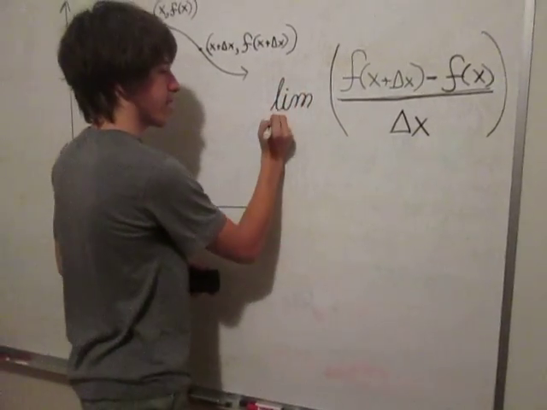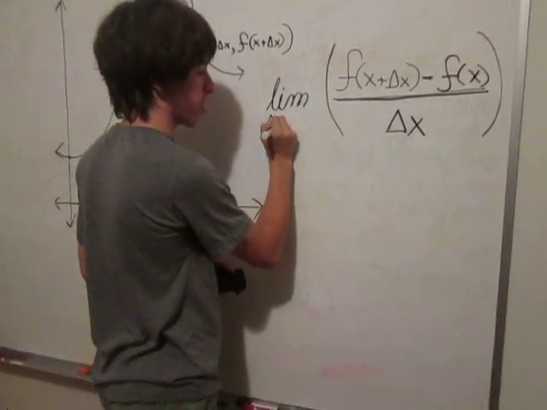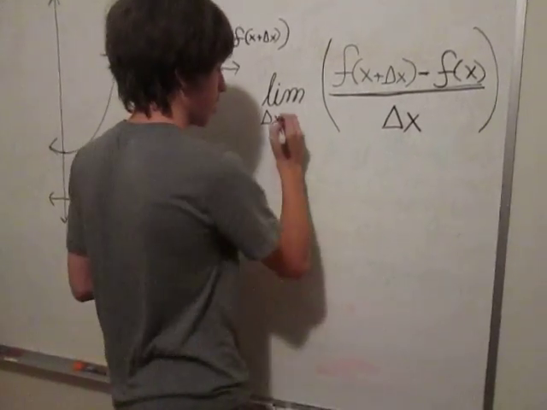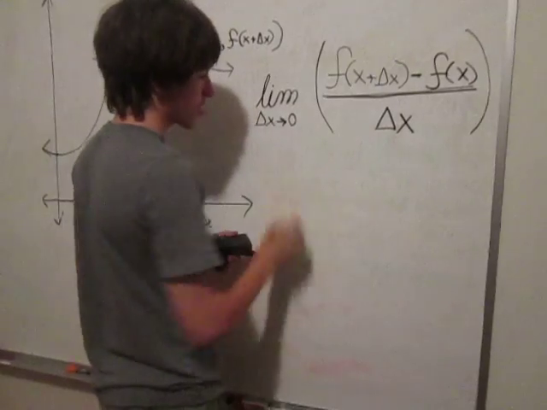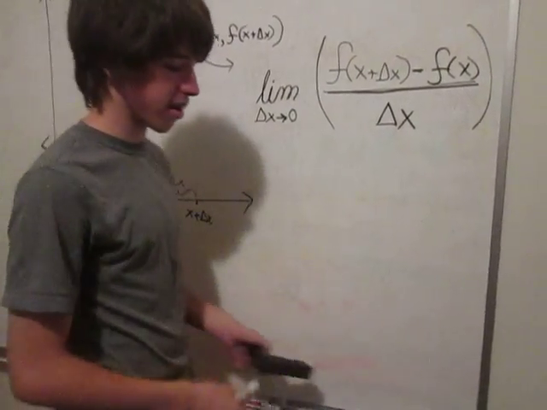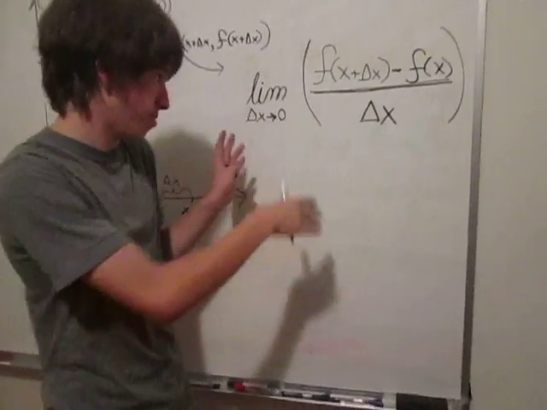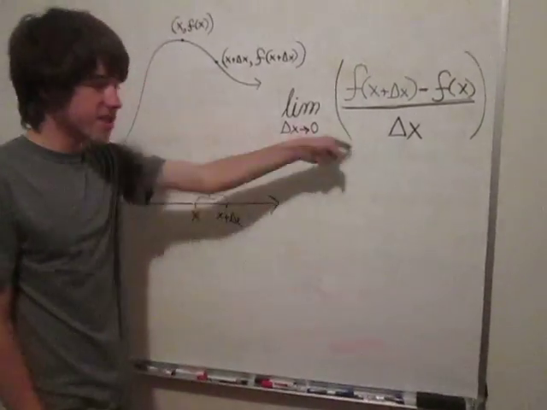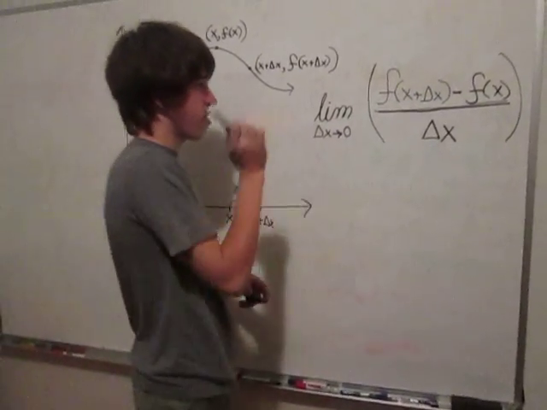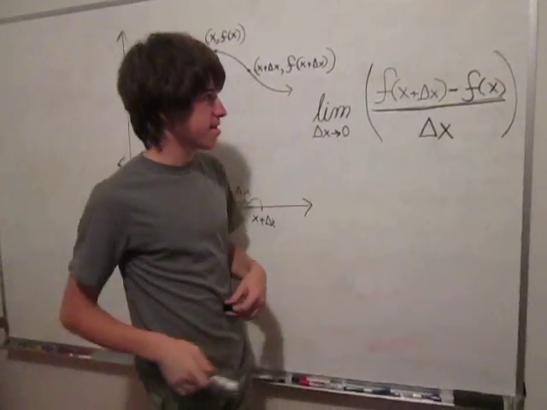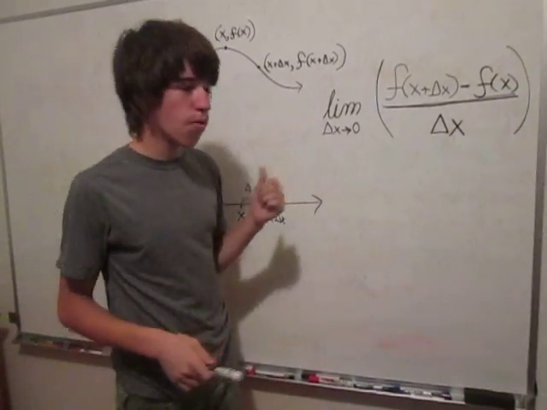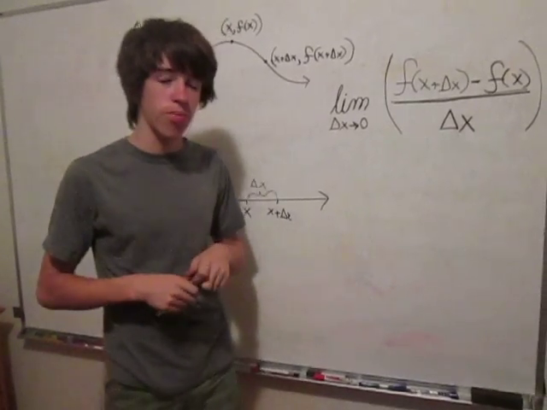So we take the limit as our delta x, notice that we're not using x this time, as our delta x gets closer to 0. And this is an arbitrary delta x. It's not like a constant getting to 0. It is just some delta x. This is our instantaneous rate of change. This is indeed what we use to find the slope at a single point.